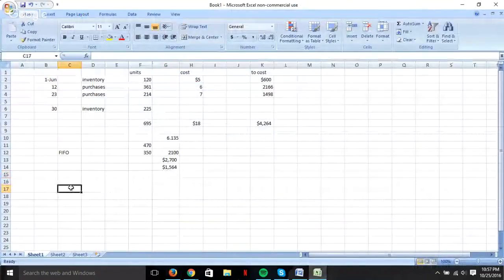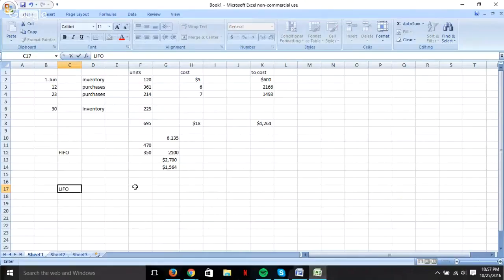Now we'll go here to LIFO. We'll go through and we'll do the same kind of thing. Again, we have the 470 units that we used. It's because that's going to be the same throughout. But instead of starting from the beginning, we're going to go from the end backwards.